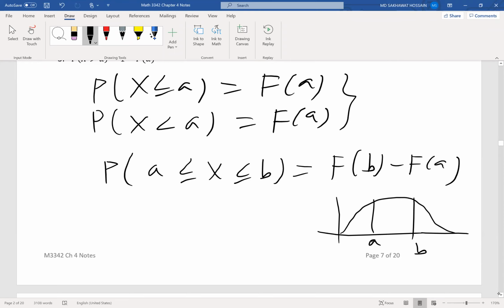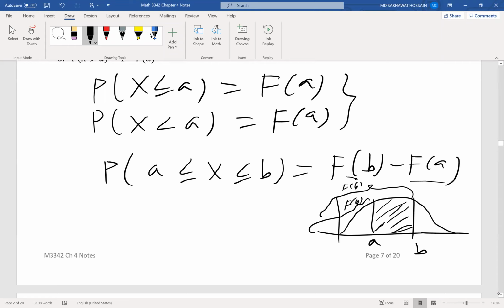So this one will give you the area on the left side of b, and this part will give you the area on the left side of a. So this one is F(a), and this one is F(b). But we want to find the area between a and b.